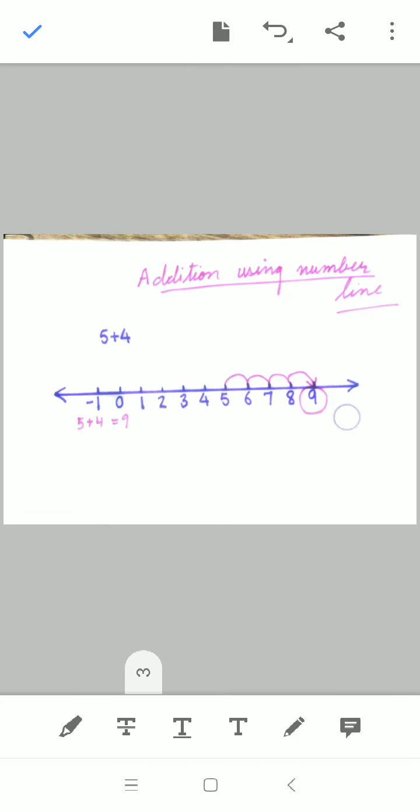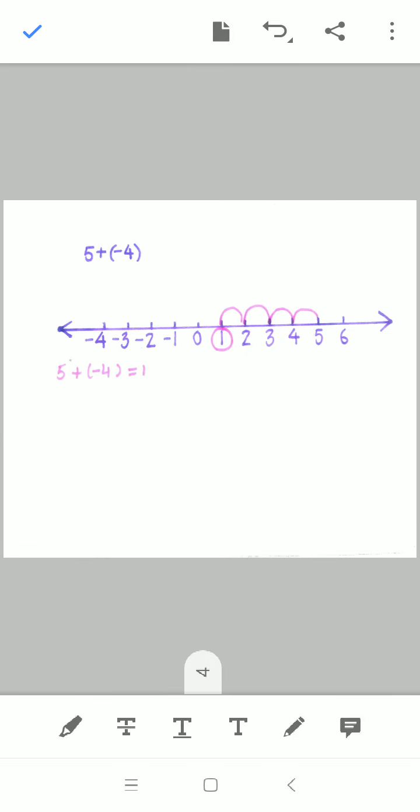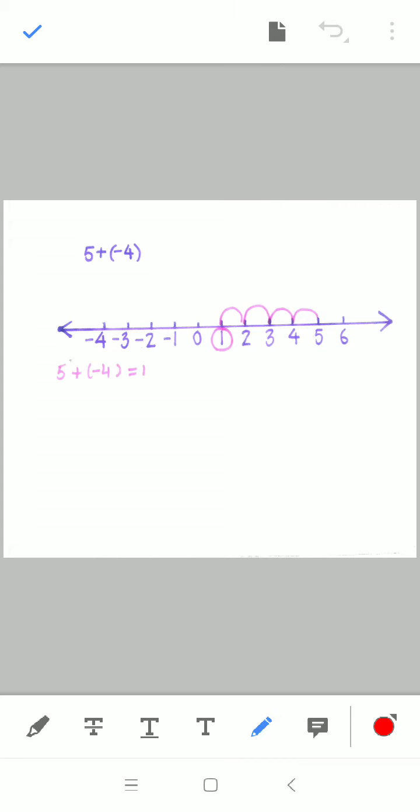Then let us see the next example, 5 plus -4. The first work is to reach 5. And -4 means we need to go in the left direction. So from 5 we have to move 4 units to the left.